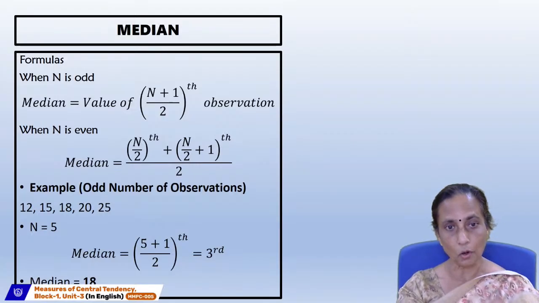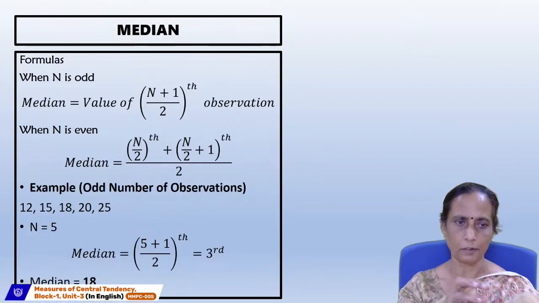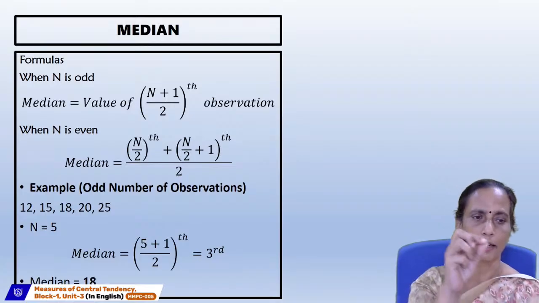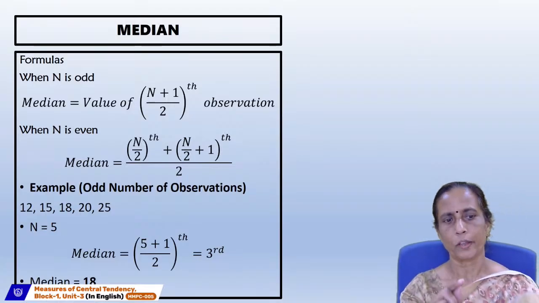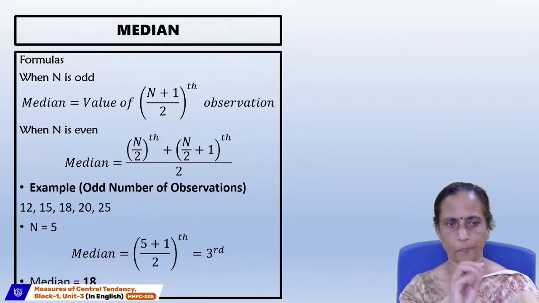And when n is even, it is the average of the n by 2th and (n by 2 plus 1)th observations. That is, if you are having 5 observations, then n is equal to 5, so it is 5 plus 1 by 2, that is the third value in the series.